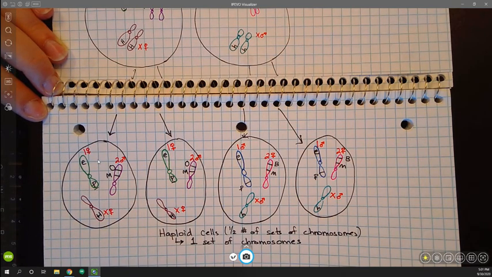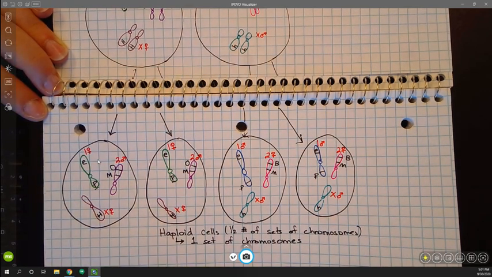This is the process of meiosis. This is how gametes form. This is not the only combinations that Abby could produce. She could have produced very different combinations. She could have had the green, the purple, and the teal. Or she could have had the blue, the purple, and the maroon. Or any other way that you might separate these out.